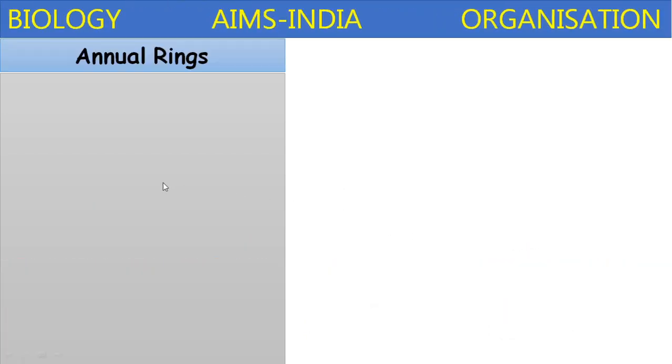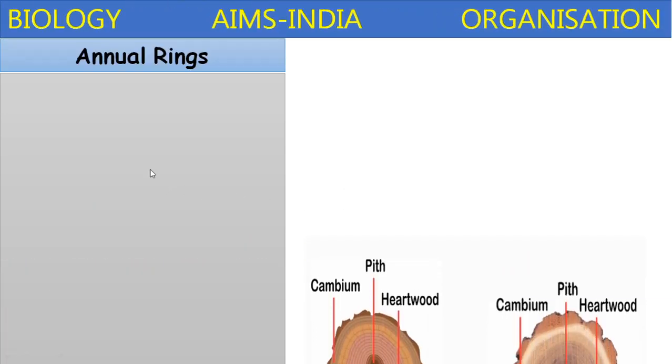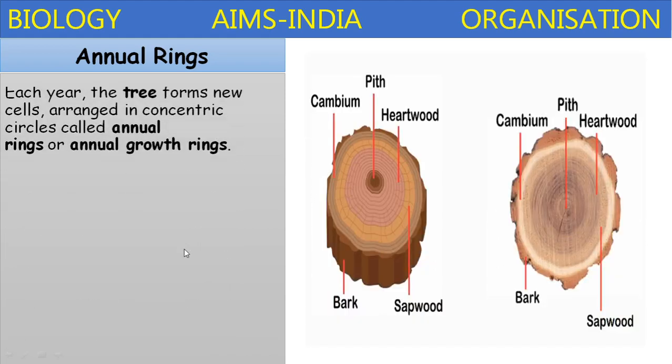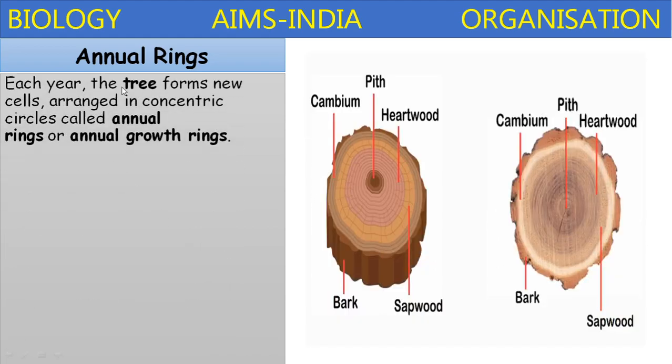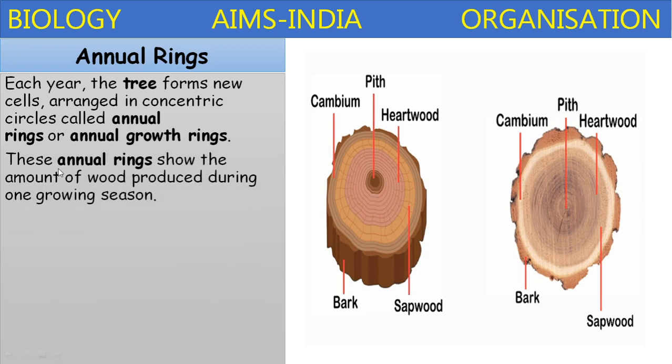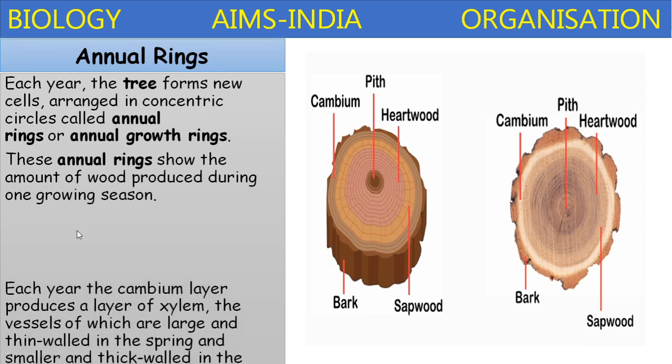Next, annual rings. Each year the tree forms new cells arranged in concentric circles or rings called annual rings or annual growth rings. These annual rings show the amount of wood produced during one growing season.